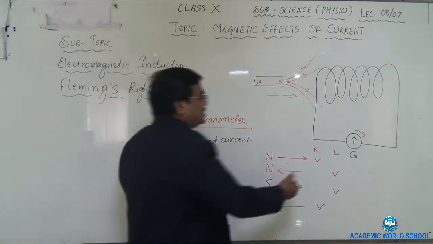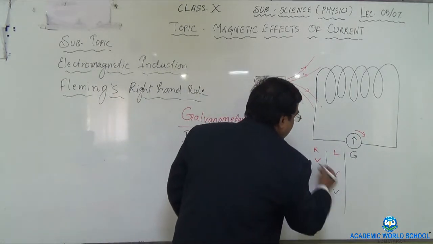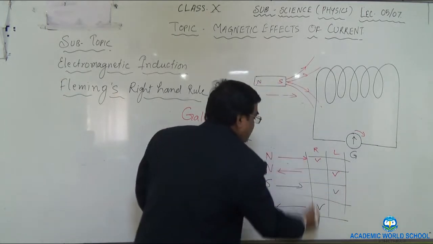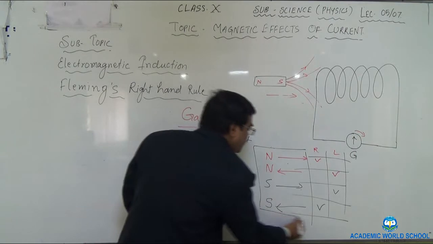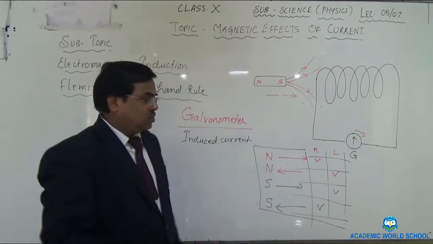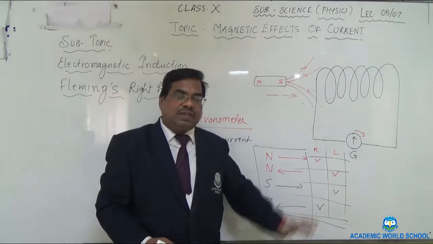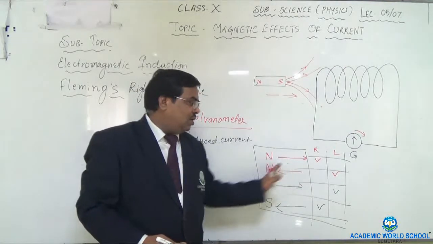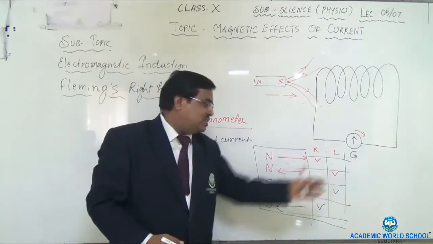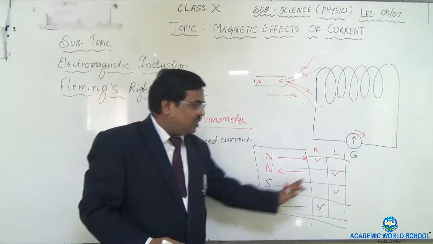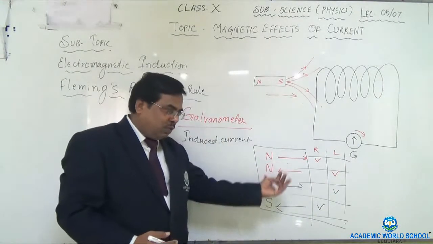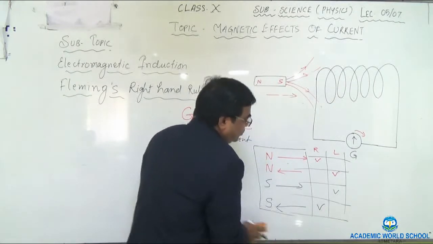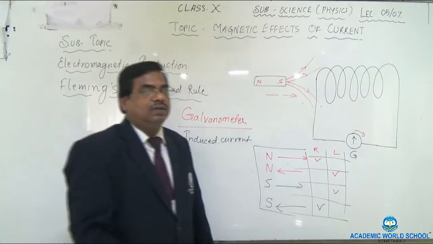So this is the table by which you can remember on which side the deflection will happen. North pole approaching, right hand side; north pole receding, left hand side; south pole approaching, left hand side; and south pole receding, right hand side.